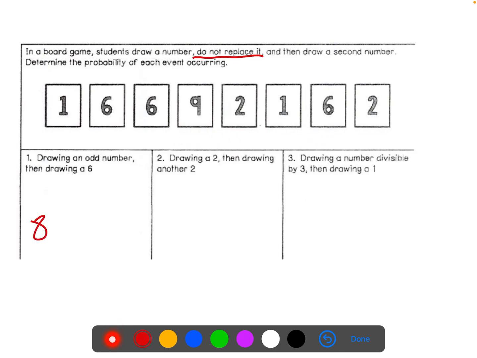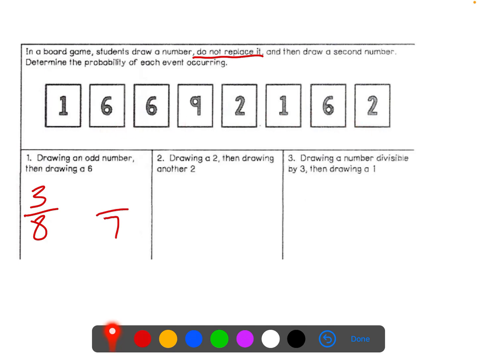So our first probability would be out of 8. And drawing an odd number, we have 1, 2, 3. 3 odd numbers in this set of numbers. So that would be our probability for the first, and then drawing a 6. So we've taken a number out. That's going to drop our options down to 7 now because one of those numbers has already been drawn.